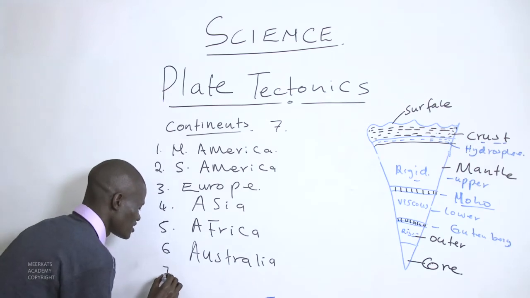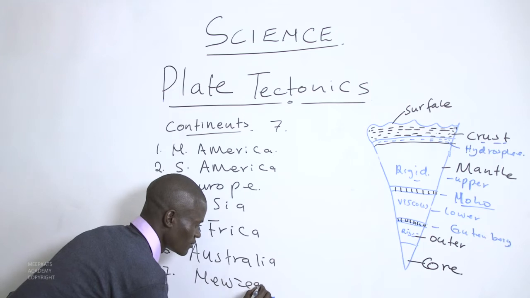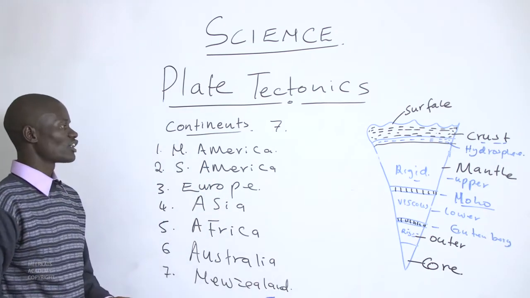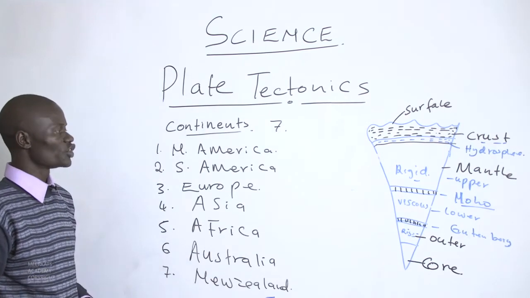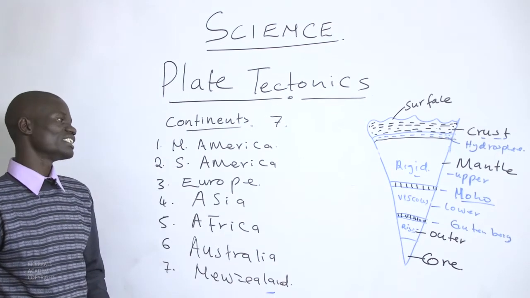And the seventh one is New Zealand. These are the 7 continents that he tried to foresee in his book on the origin of continents.